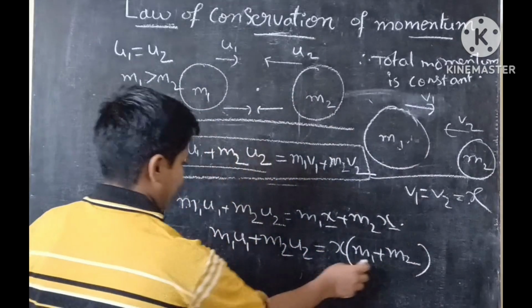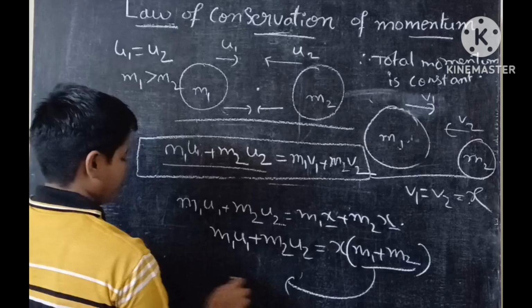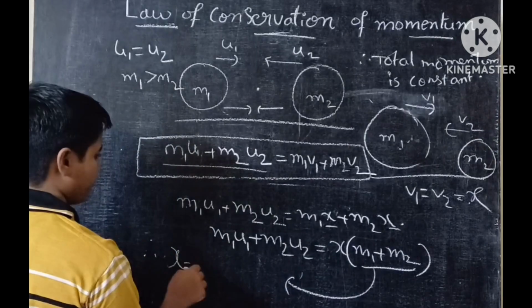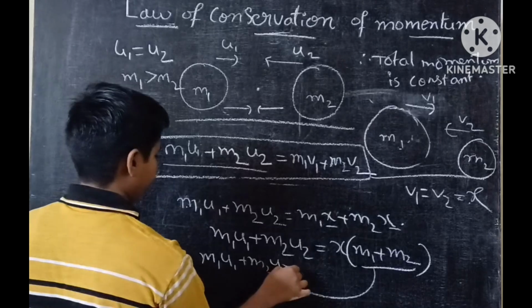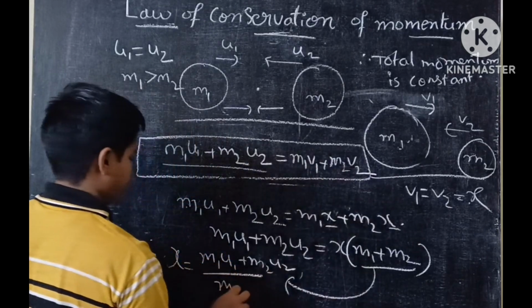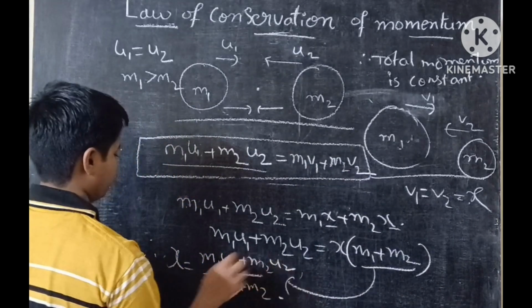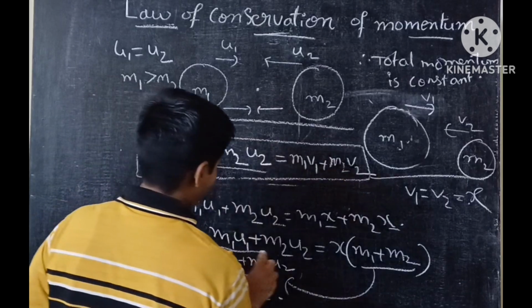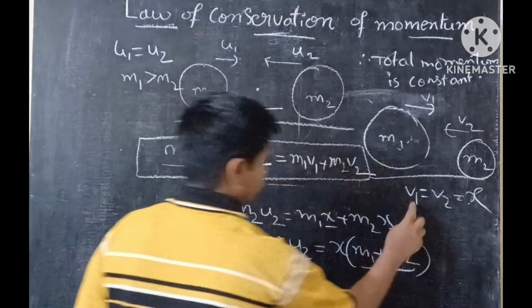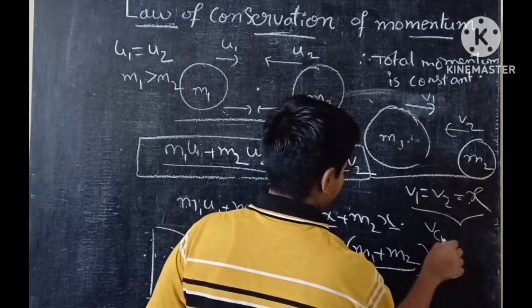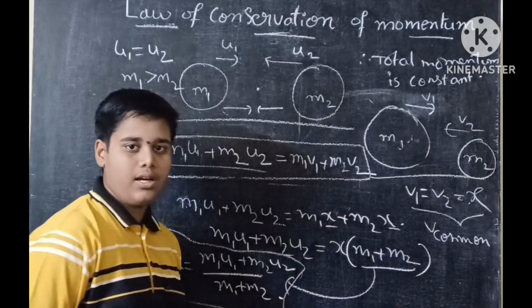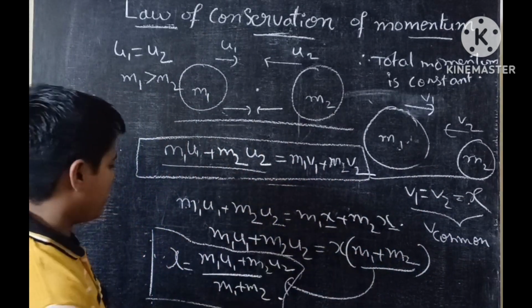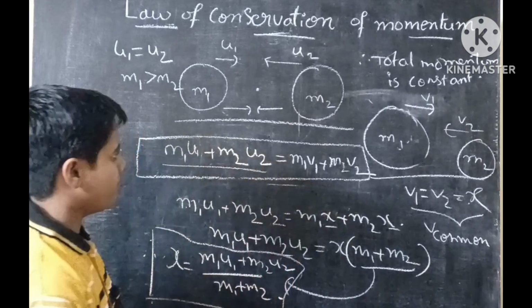If I transpose this term to this side, x is equal to m1 u1 plus m2 u2 by m1 plus m2. So this is the common velocity of these two bodies after collision. This is the formula for Vcom.